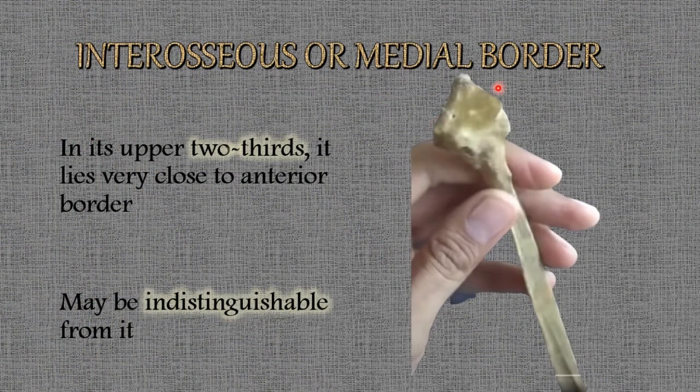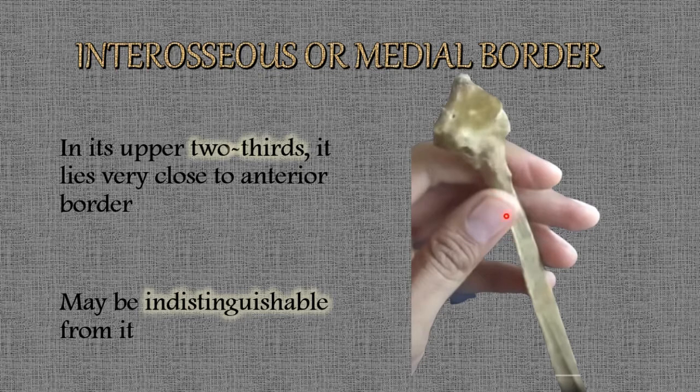The interosseous or medial border, in its upper part, upper two-thirds, lies very close to the anterior border. As you can see, this is the anterior border, and this is the medial border or interosseous border. So in its upper two-thirds, it is very close to the anterior border, so it may be indistinguishable.